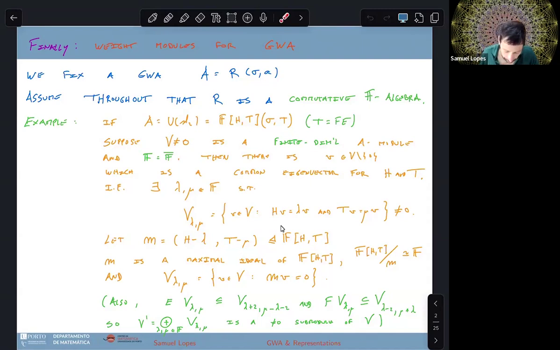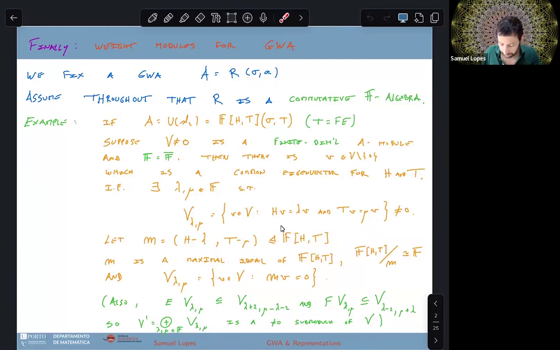So an alternative way of saying this is, instead of looking specifically at the element H and the element T, I can start going towards a more abstract setting, if I want to generalize this picture for generalized Weyl algebras, and think of the ideal of this polynomial ring generated by the elements H minus lambda and T minus mu.